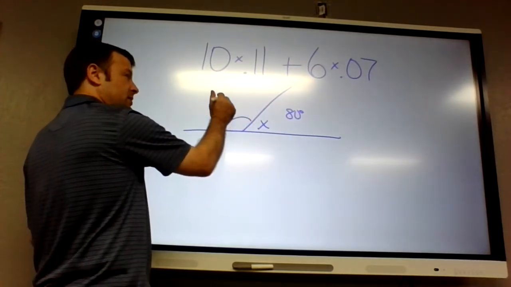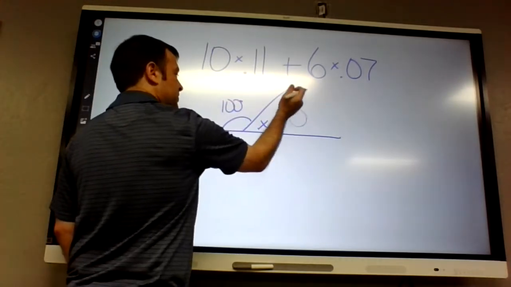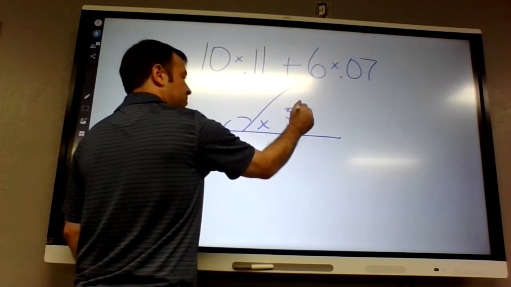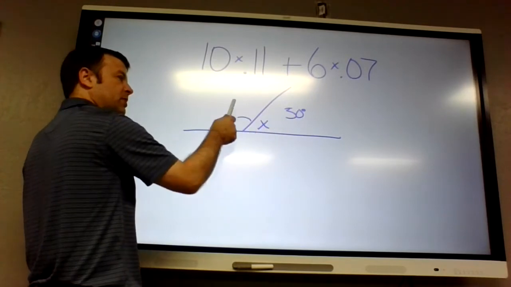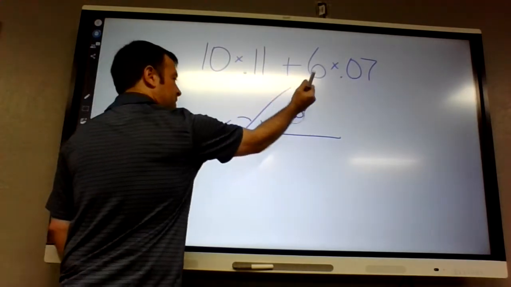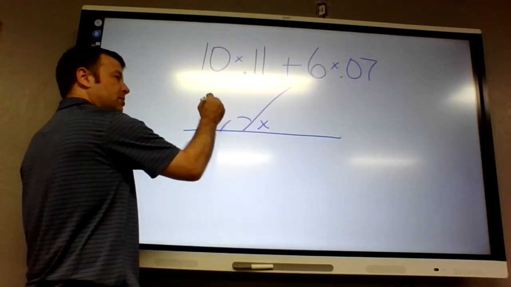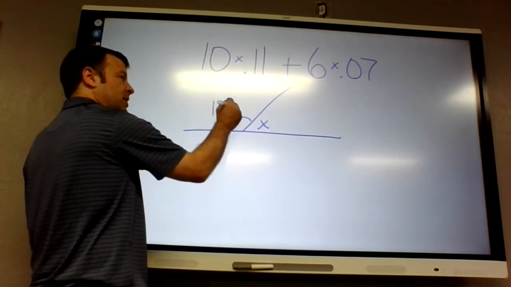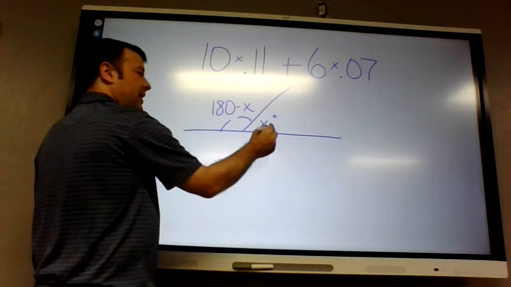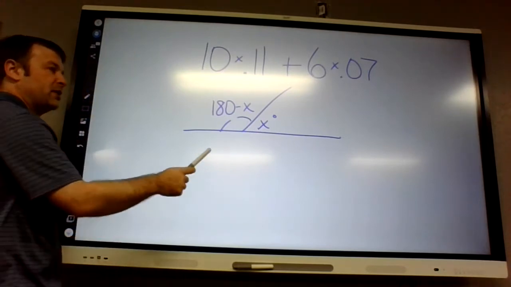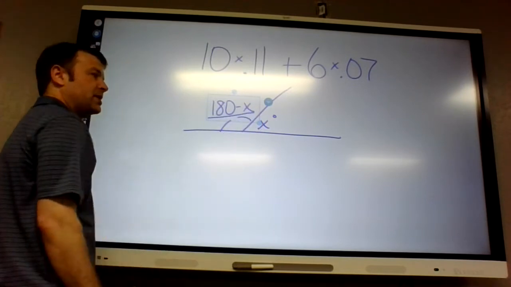If this was 50 degrees, what would this be? 180 minus 50, 130. If this is x degrees, what would this be? 180 minus x. So when it says an angle, we're going to put an x in there. When it says the supplement of that angle, we're going to call it 180 minus x.